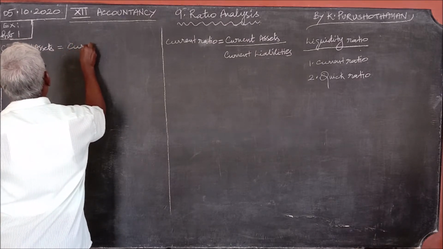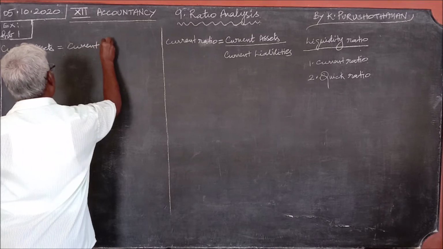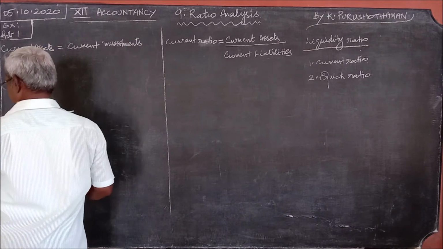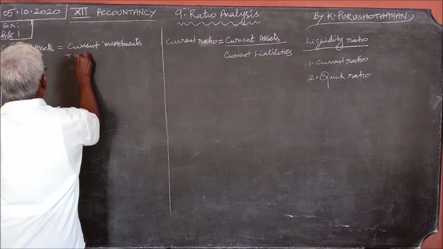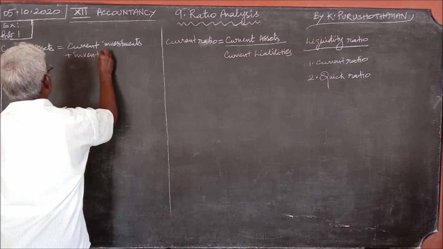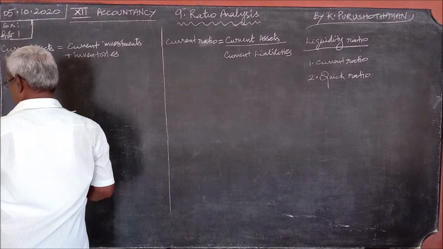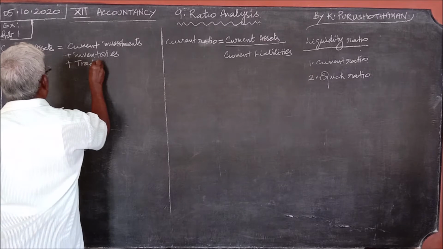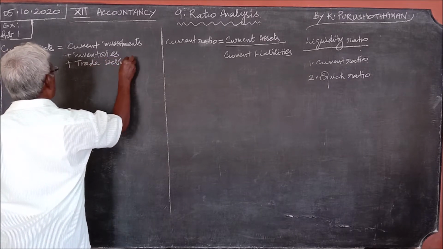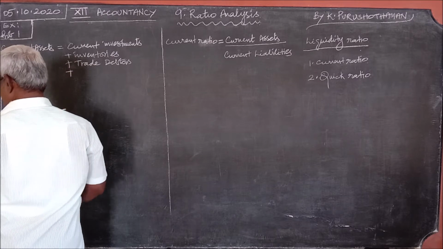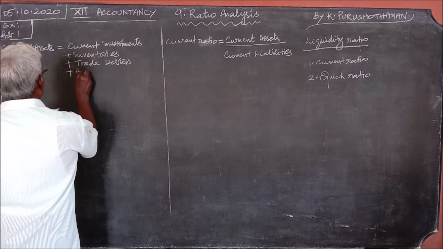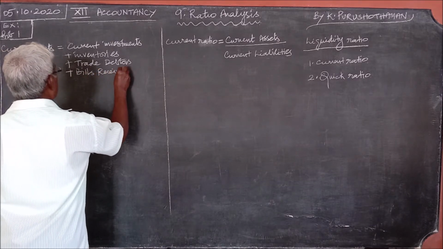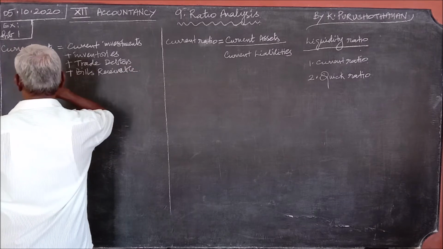Current investments plus inventories plus trade debtors plus bills receivable. Bills receivable, trade receivable, they are one and the same.